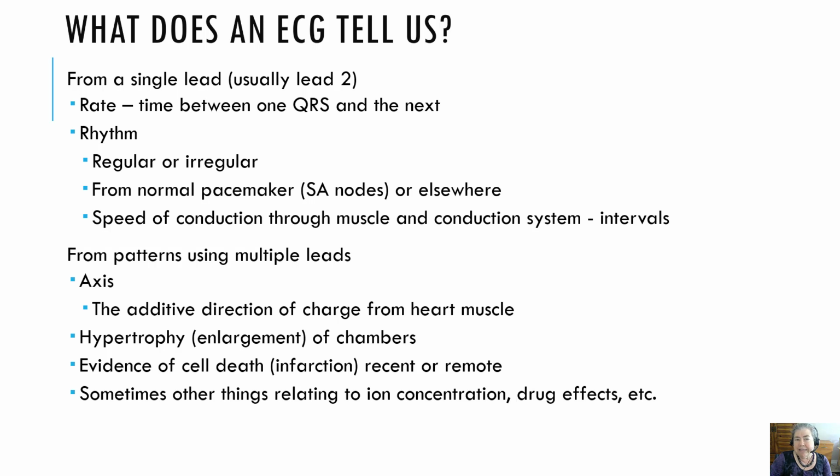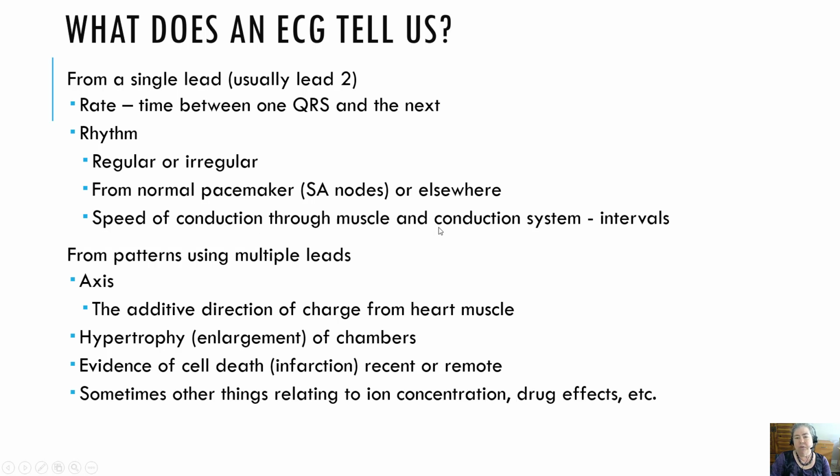Because if you don't have a normal P wave, or you have a very short interval between the P wave and the QRS complex, or the P wave appears to be hidden in the QRS complex, or even during the ST interval, it suggests that the pacemaker is somewhere else and the atria are not contracting before the ventricles. And you can tell something about the speed of the conduction of the electrical impulses through the conduction system in the muscle by measuring intervals.